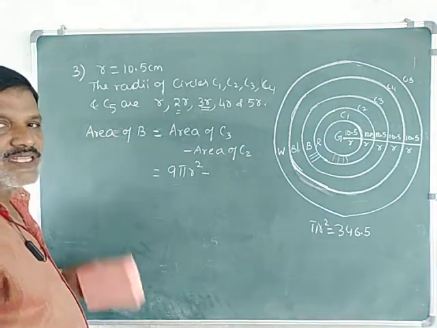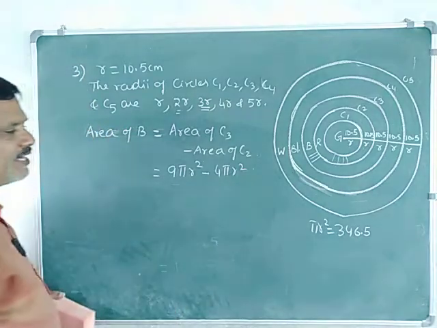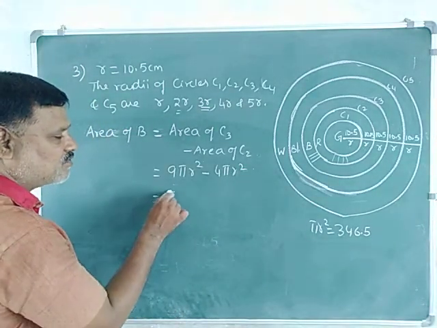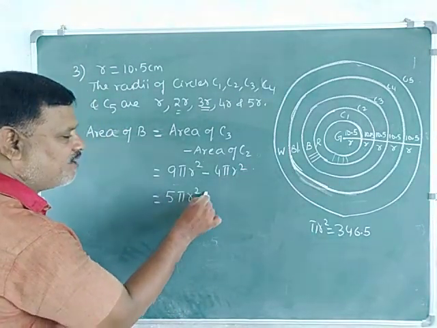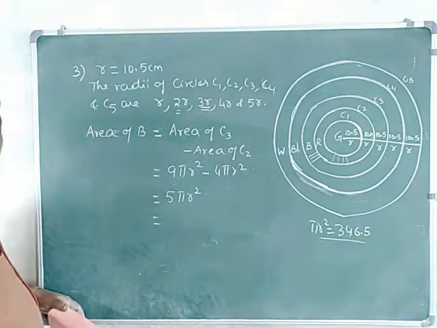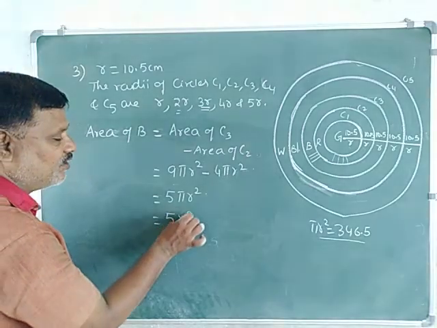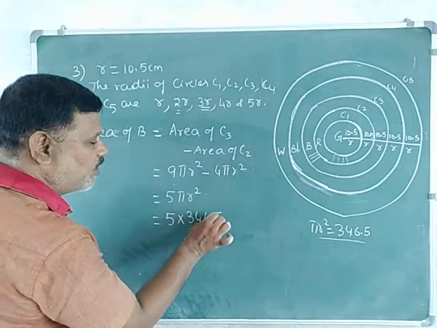And in the previous step, we found the area of C2 is 4 pi r square. Now 9 pi r square minus 4 pi r square gives you 5 pi r square. Already in the first step we found pi r square is equal to 346.5. So we get 5 into 346.5.